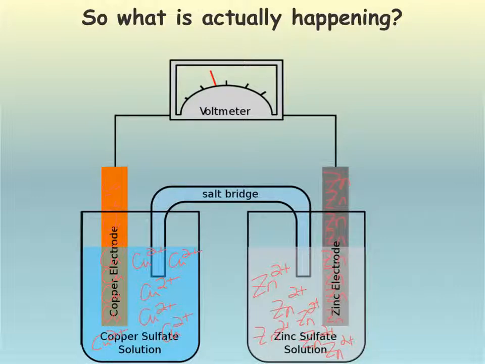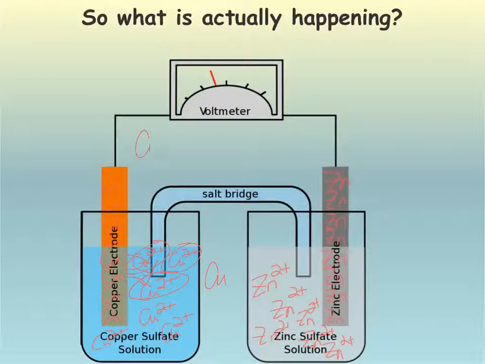That means copper is gaining electrons. Okay, so all of these little coppers right here, these copper 2 pluses, they are getting electrons off of the copper metal. Okay, so they're getting these electrons, and as they get electrons, they are turning into elemental copper, right?